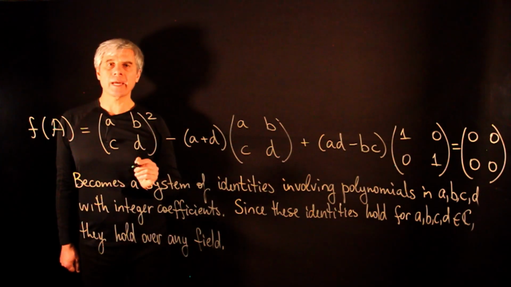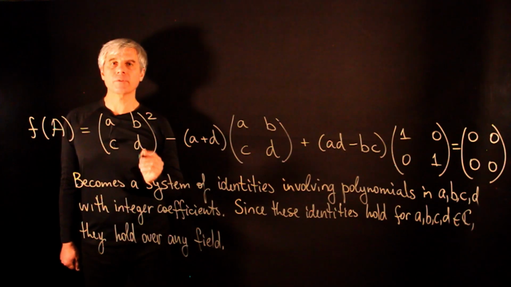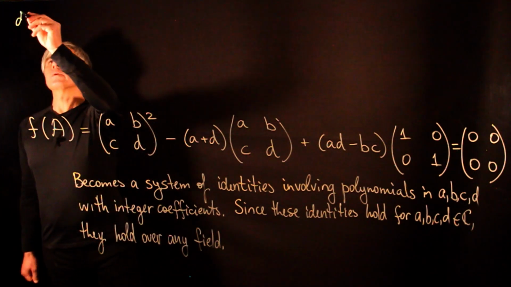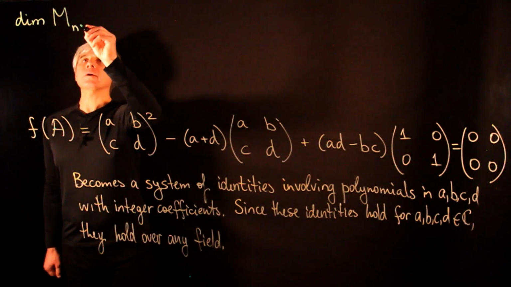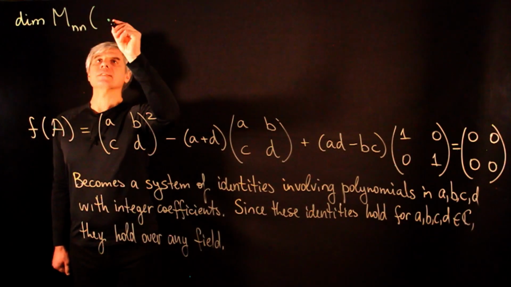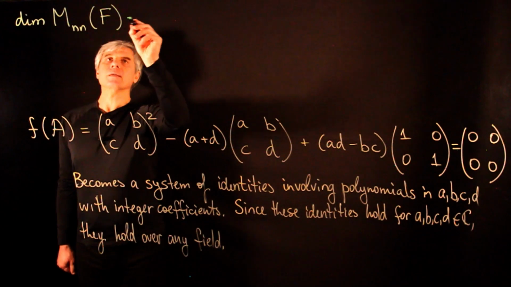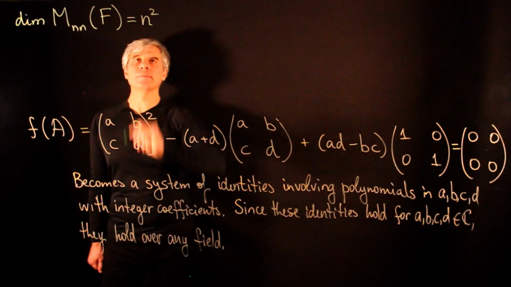Let us look at the Hamilton-Cayley theorem from a different angle. So we know that the dimension of the space of n by n matrices is equal to n squared.